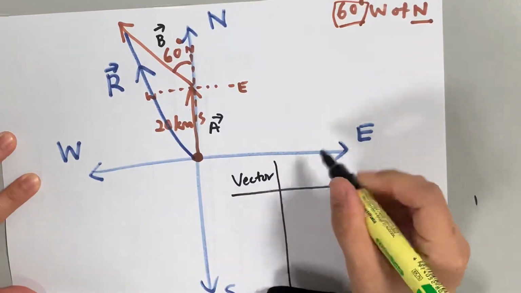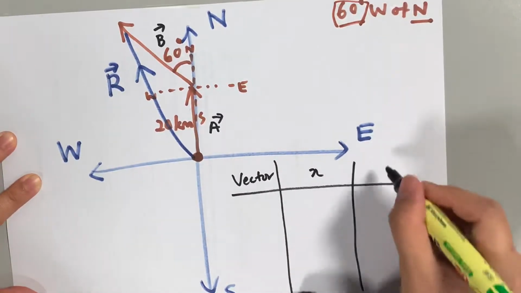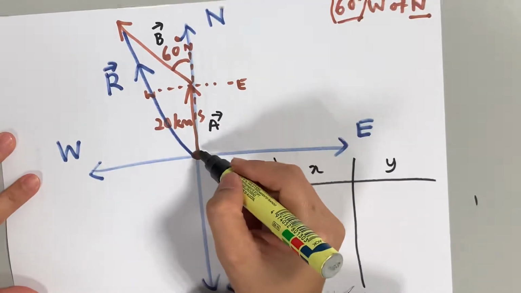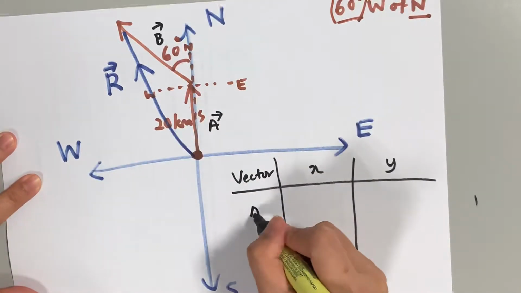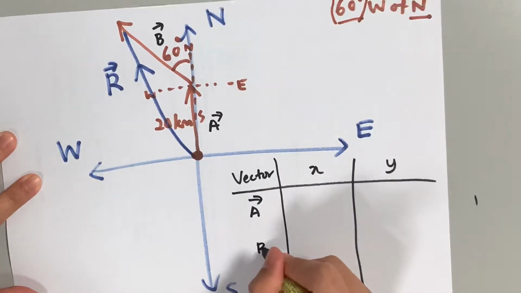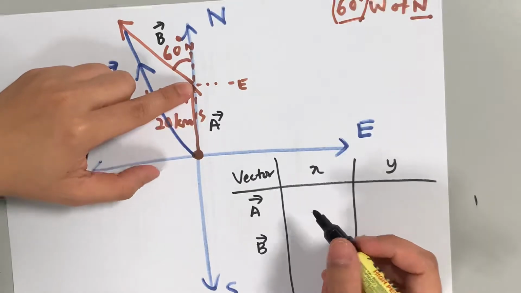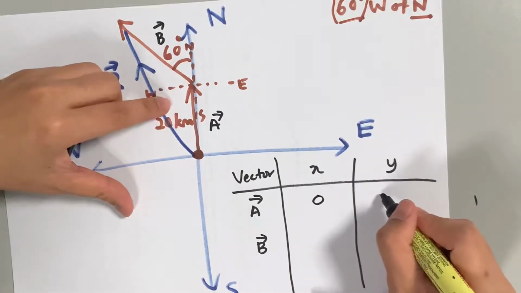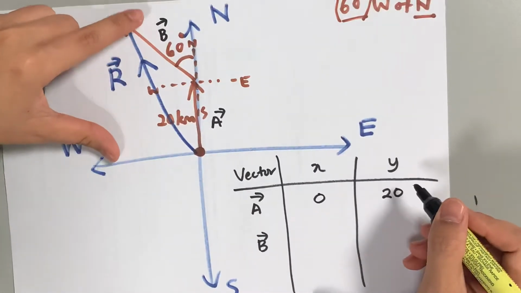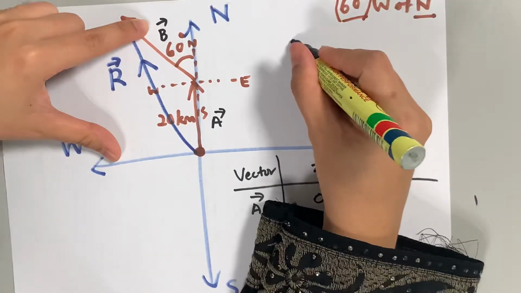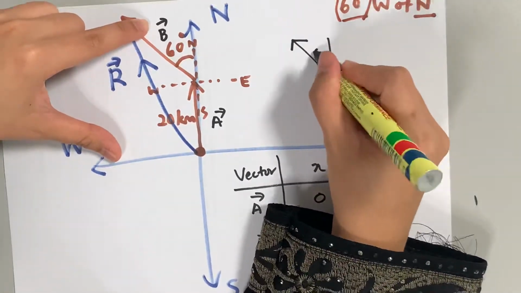Vector, X and Y. So how many vectors do you have? 1 and 2. So vector A and vector B. Vector A moves only in the y-axis. So x-axis 0, y-axis 20. How about vector B? Vector B is upward there, right? So 60 degrees is here.